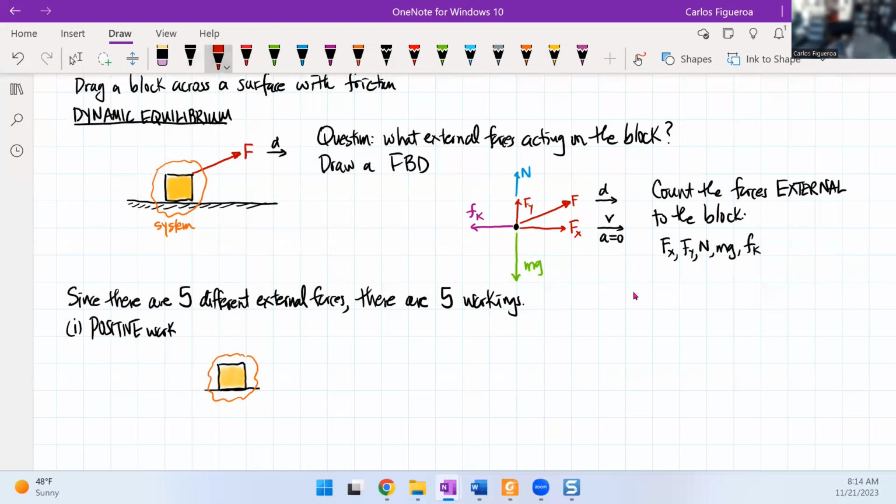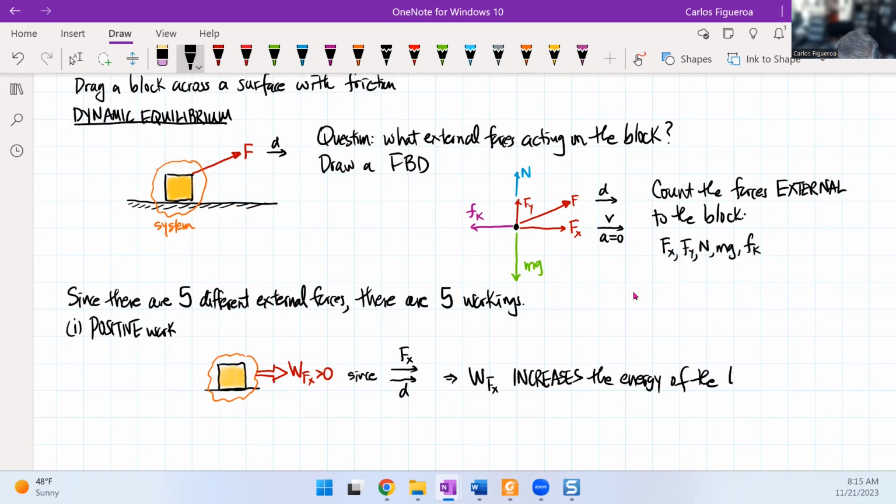So now I find that the work of f of x is positive since f of x and the displacement are parallel. Therefore, the work of f of x increases the energy of the block.